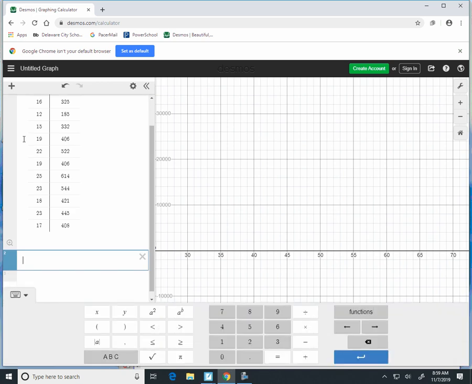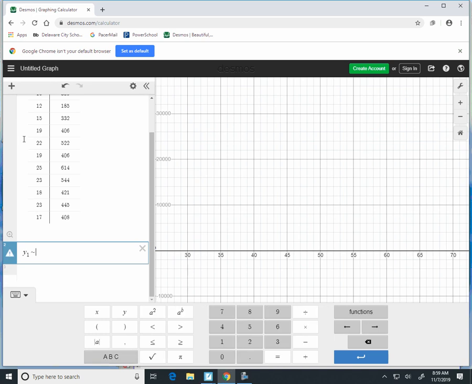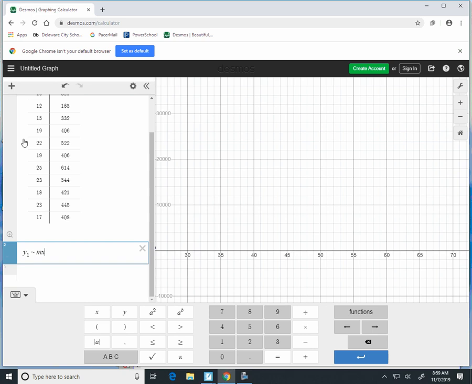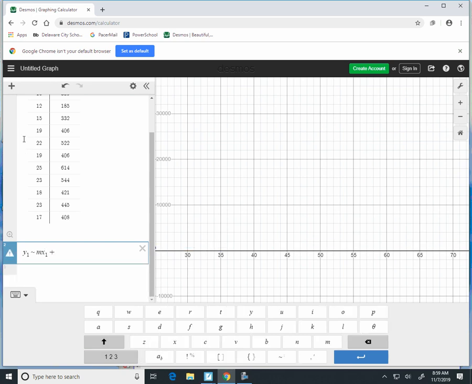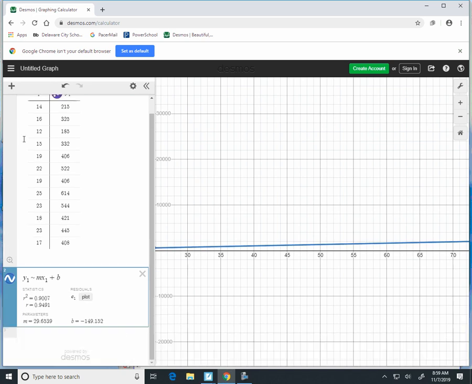So we're typing in y1 tilde m x1 plus b. And what we wanted from that are the m, the b, and the r.